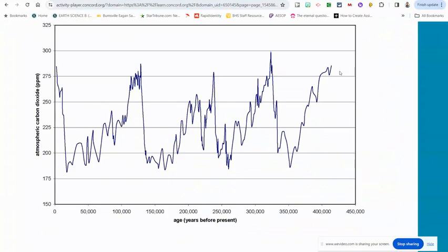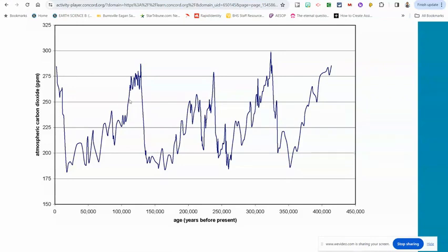And what we see is, starting on the far right side, that's 420,000 years ago. We can see the level decreased. So we have what's called an ice age. And then the peaks are interglacial periods, between glacial periods. So we had a warming period, cold, warm, cold, warm, cold, warm.